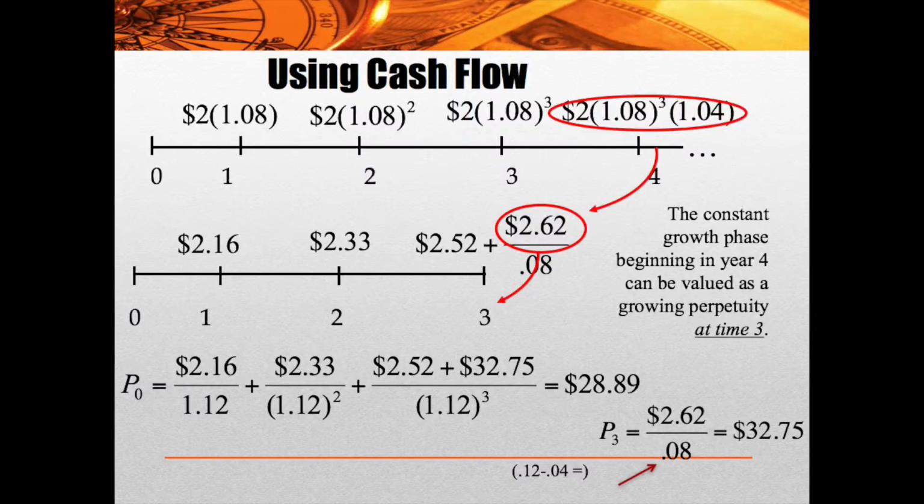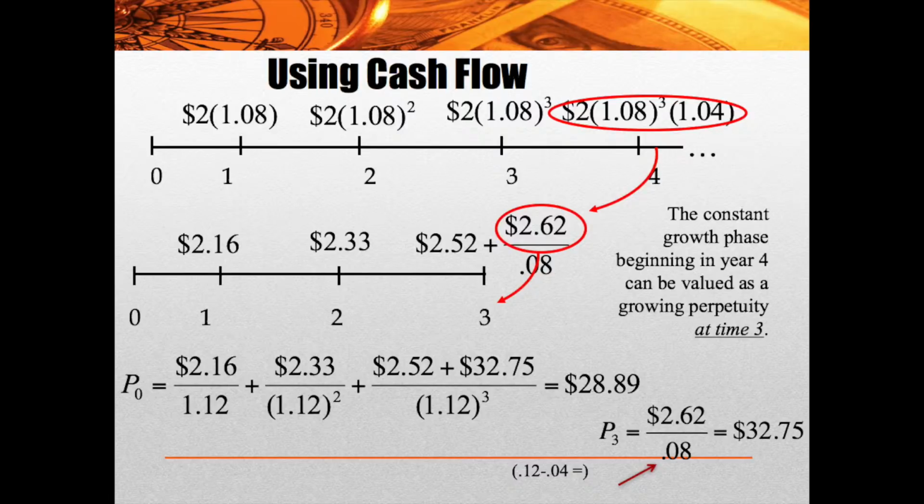If you look down in the lower right-hand corner, you can see that P3, which is the price at time 3, is based on D1 of 2.62, which is the third period dividend of 2.52 increased by 4%.